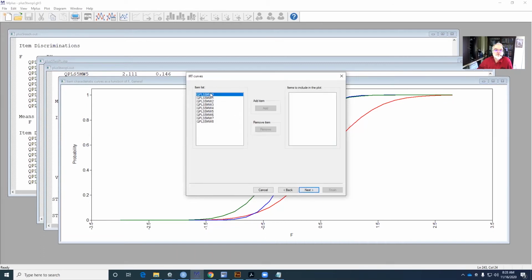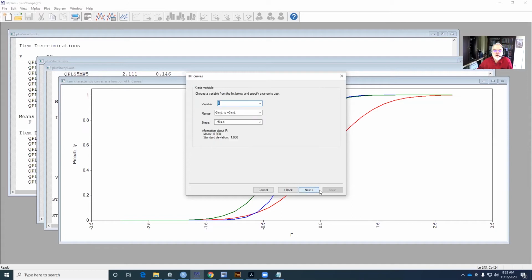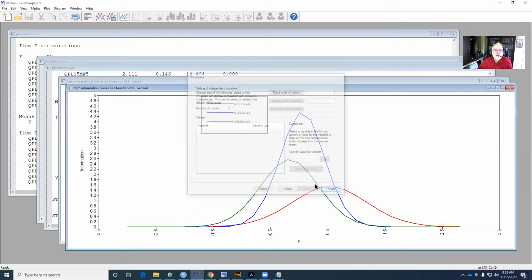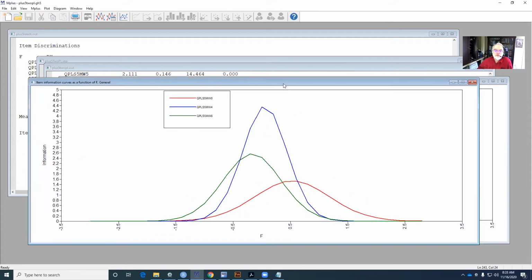we can pull off a few items as well. And this is now telling you what part of the distribution a given item is telling you about. So wave 8, for example, is most informative about this range of the latent variable of alcohol use.